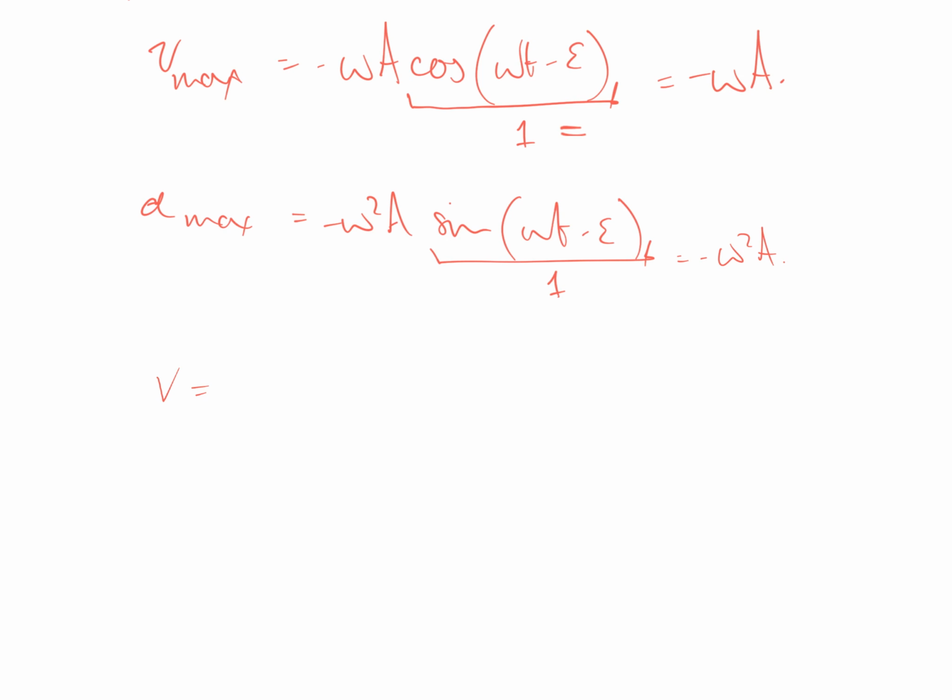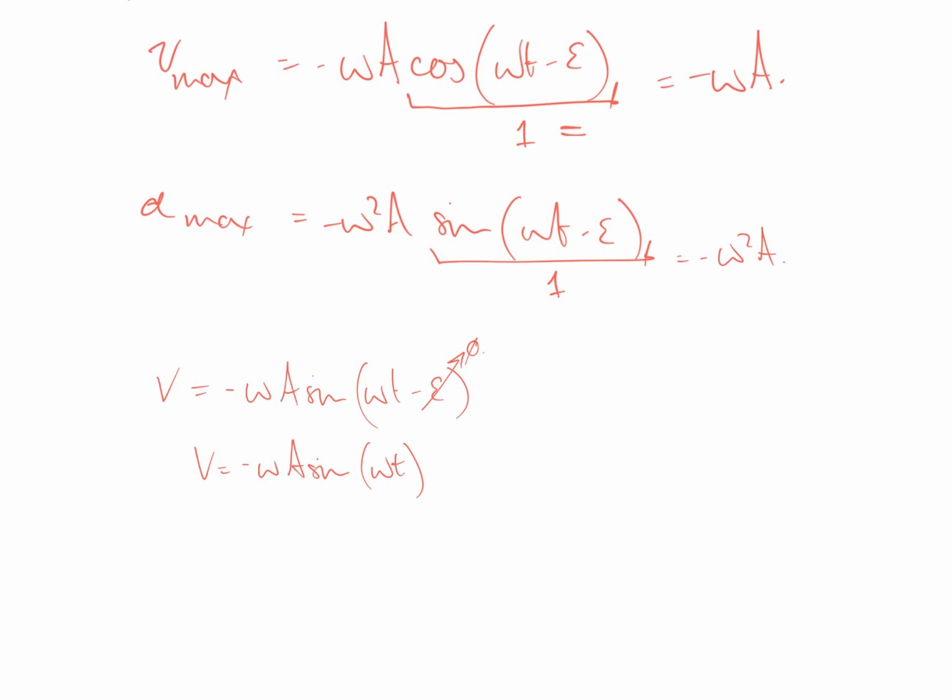And that being, we have minus omega a sine omega t minus eta. Now let's imagine the eta is 0, so there's no real phase difference. So we're trying to simplify this because it's going to get quite mathematically busy. So my phase is 0.